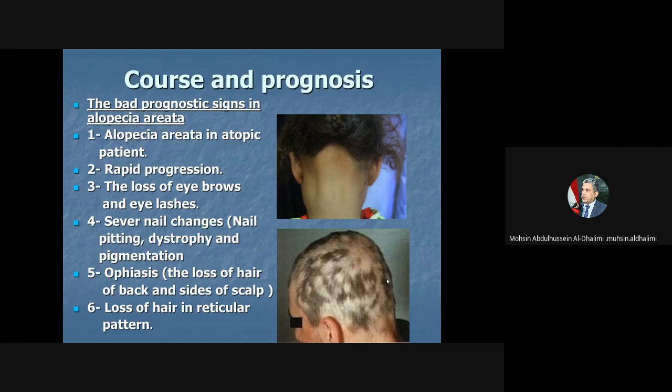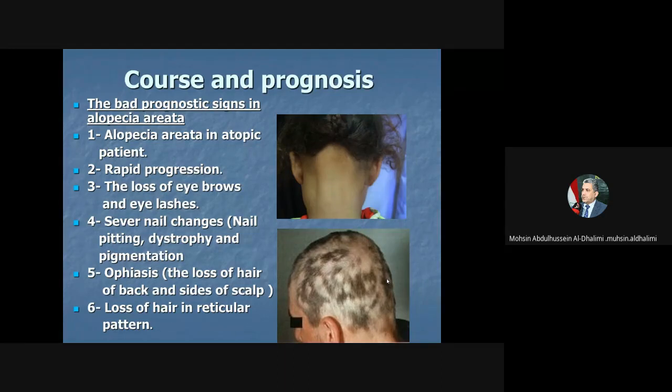Course of this disease, in most of the cases, more than 80%, it is a self-limiting disease, and the hair regrows again within few weeks to few months. But in certain conditions, we need more aggressive treatment, and we need longer duration of the treatment, because these conditions are associated with poor prognosis.